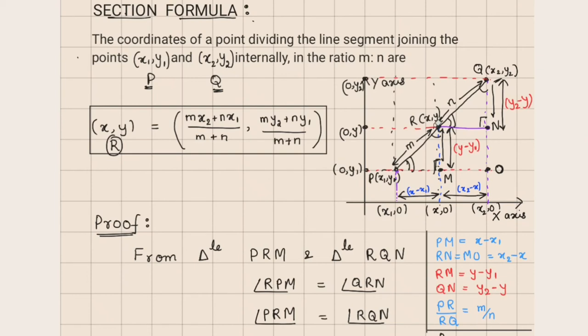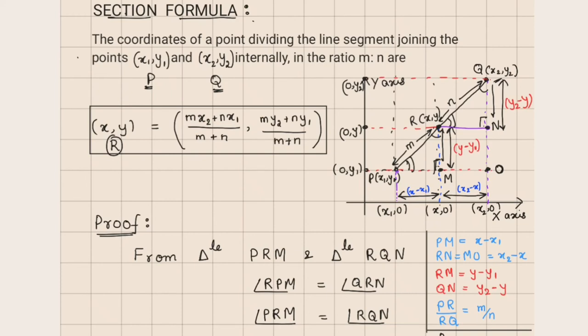So what does this mean? PR is m times a constant and RQ is n times the constant, which means that PR by RQ is m by n. So we need to find R such that it is dividing PQ in the ratio m:n.